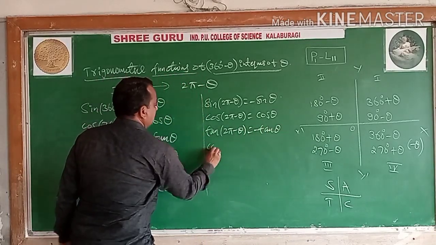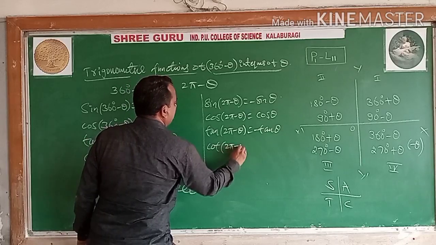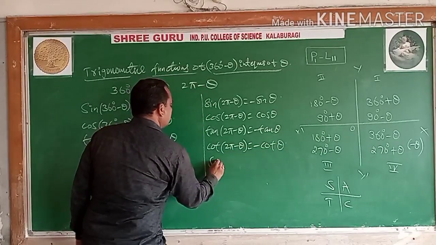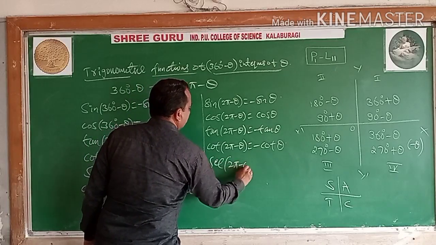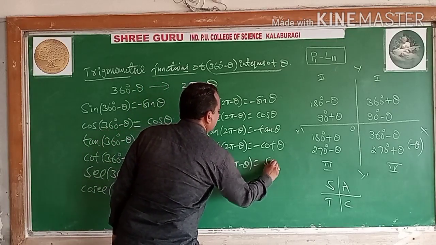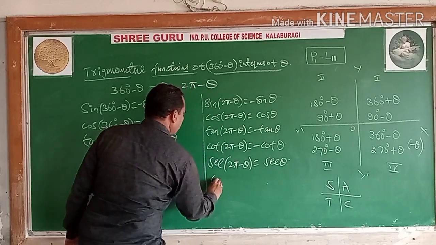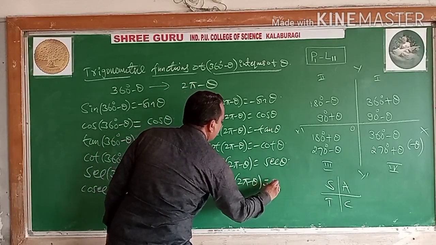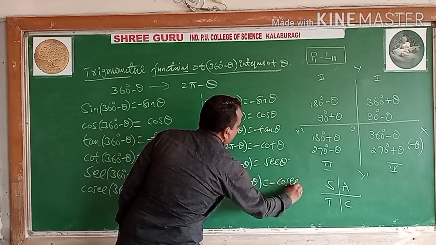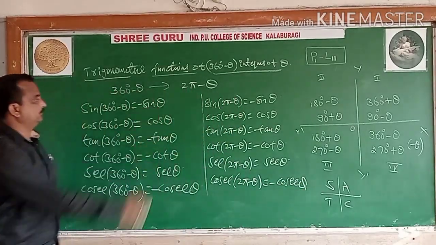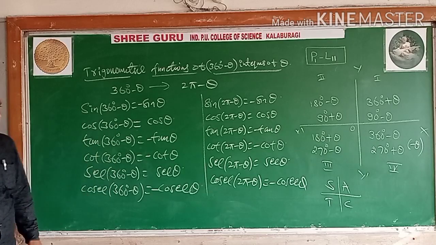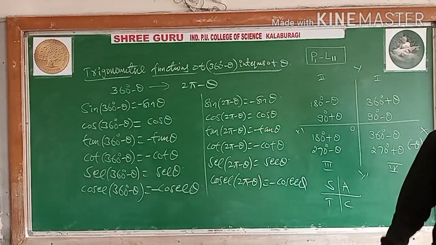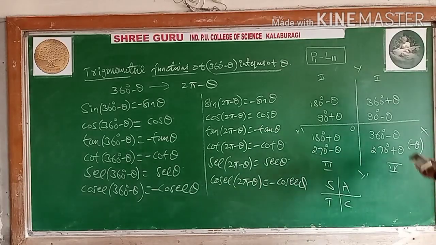Cot of 2 pi minus theta is minus cot theta. Sec of 2 pi minus theta is plus sec theta. Cosecant of 2 pi minus theta is minus cosecant theta. So this is in terms of radians as well as degrees. This is about 360 minus theta.